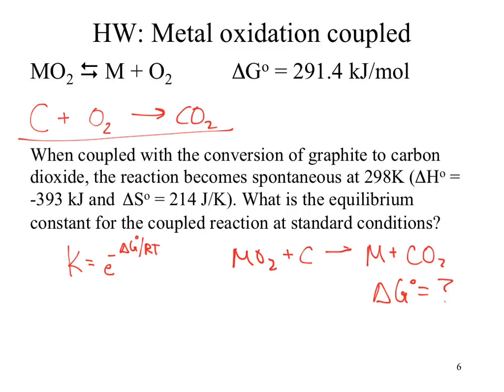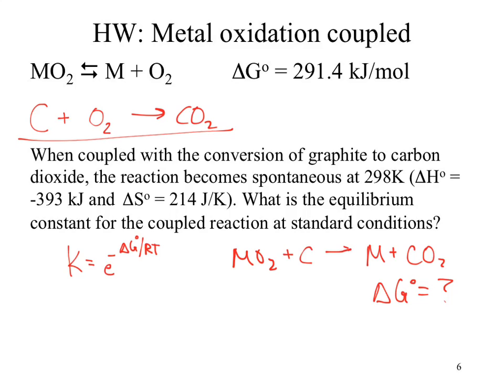We could look at the delta G of formation for each of the species within our balanced reaction. Except, what's the problem with looking at our coupled reaction? What's going to be the delta G of formation of some metal oxide? We don't know that because we don't know what the metal oxide is. So that prevents us from going to a thermodynamic table to figure that out.